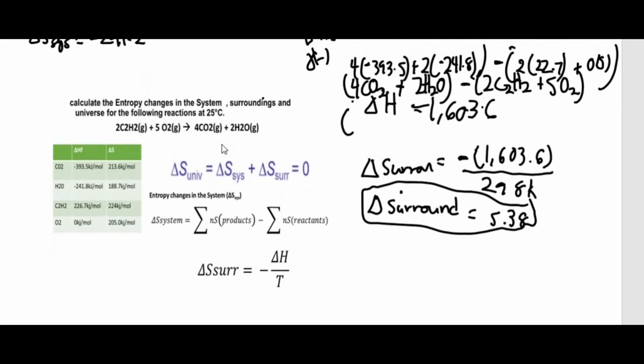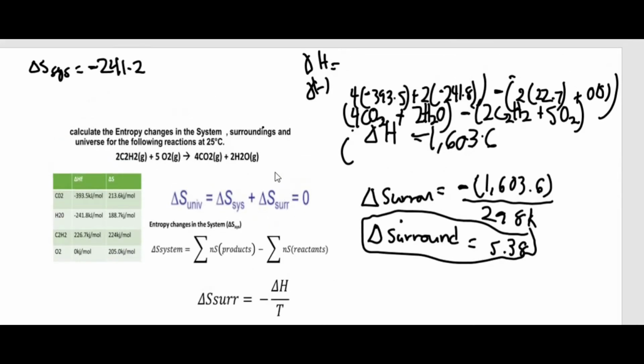Okay, now that we have S around and S system right here, let's add them. So according to the system, S universe is equal to negative 241.2 plus 5.38.